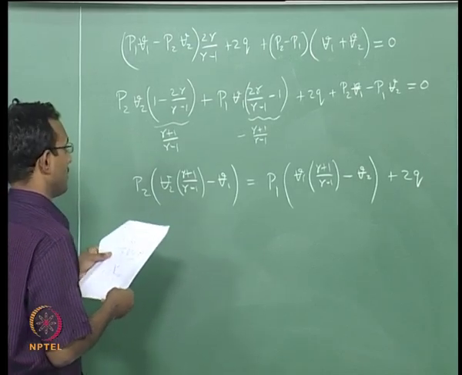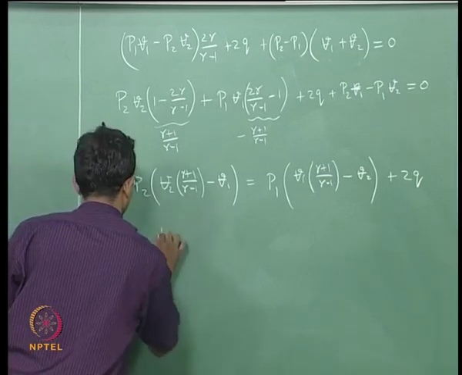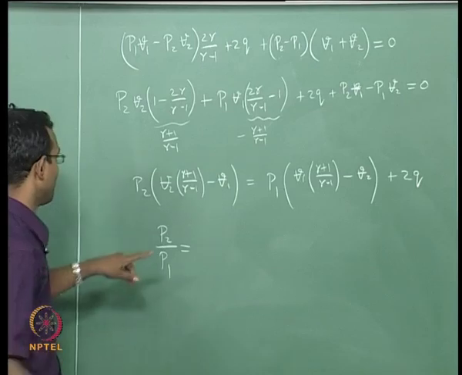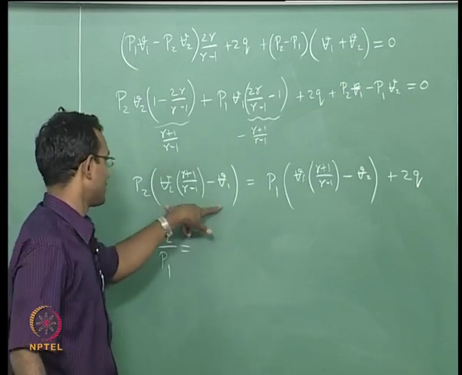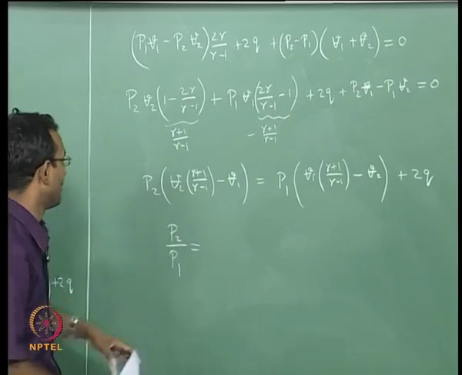Okay. From here, now I can get P2 by P1. Okay, I will just divide the whole expression by this value and P1, this whole bracket and P1 I am dividing.